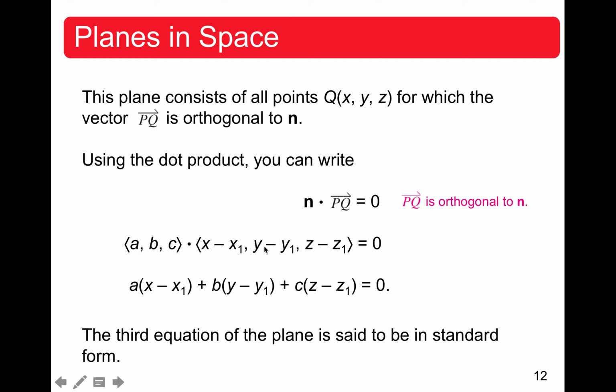And this is the distance between the points. So we have x minus x1, y minus y1, z minus z1. So if we take the dot product between these, we have a times x minus x1 plus b times y minus y1 plus c times z minus z1. So this third equation right here is the equation of the plane in standard form.